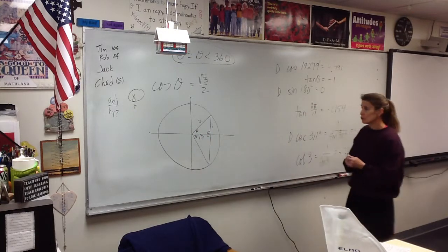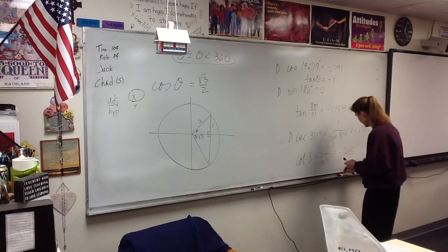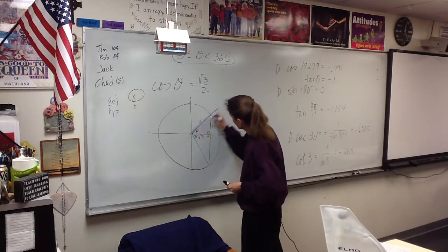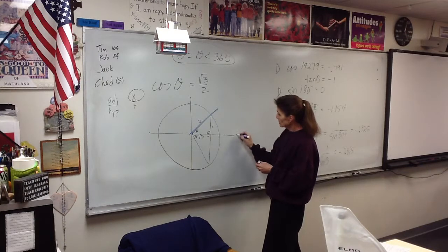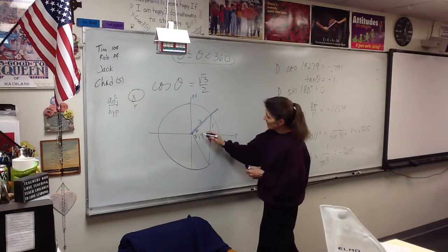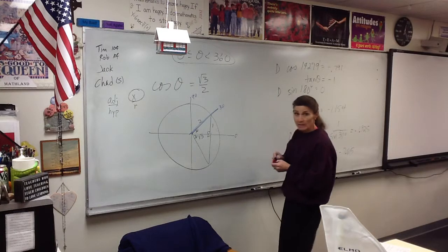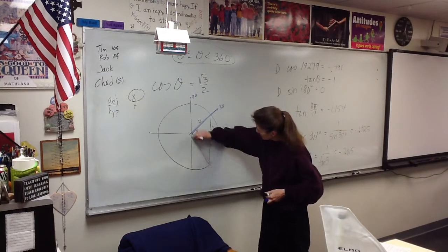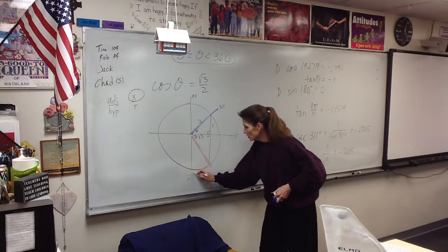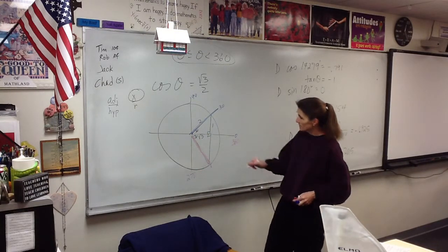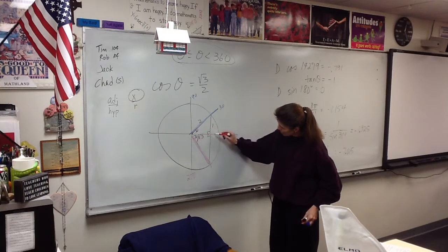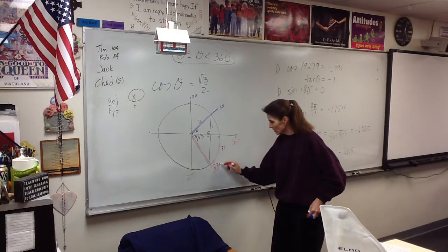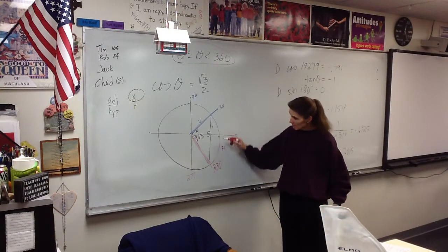The answers to the problem then are these two angles. This one right here, which is between 0 and 90, and that's a 30-degree angle, so that would be 30. It's pretty, I think, obvious for that one. And then this angle, which is between 270 and 360, and this is 30, so this right here is 30, so this must be 330, because it's 360 minus 30.